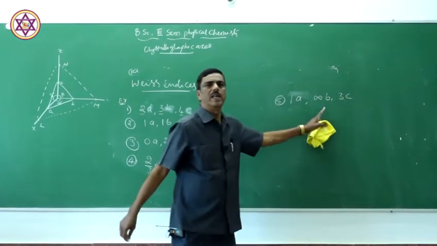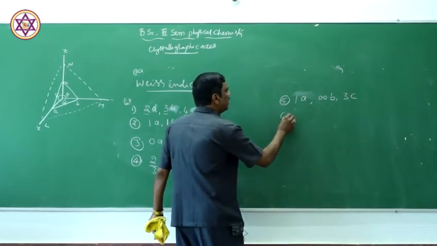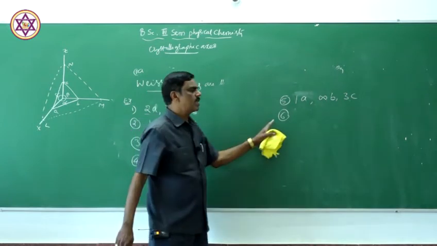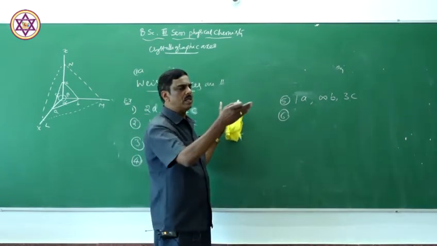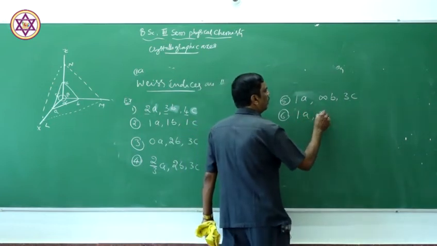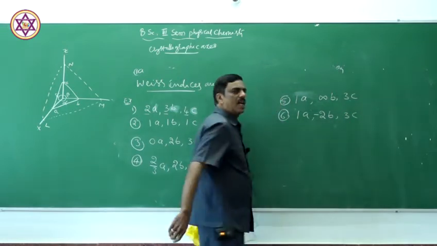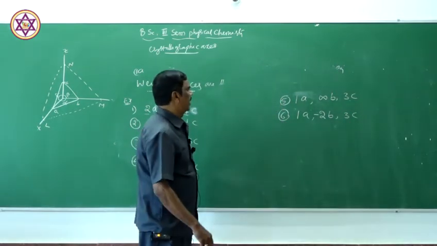So, it may be infinity, parallel to one of the axes. In some cases, it may be negative, that is passing through the opposite side. For example, minus 2b, 3c, and so on.